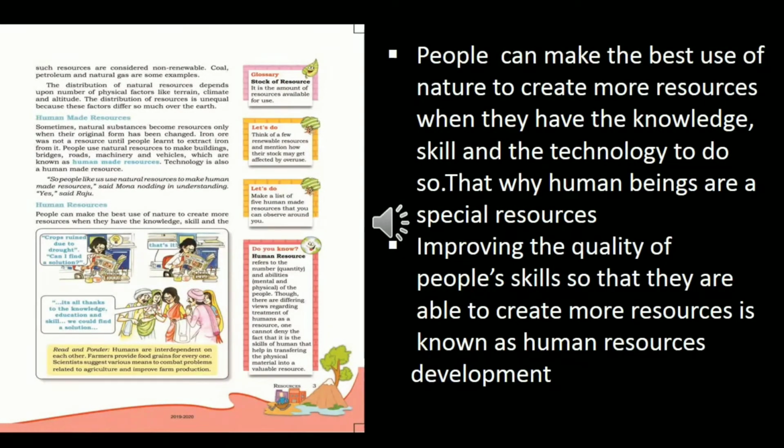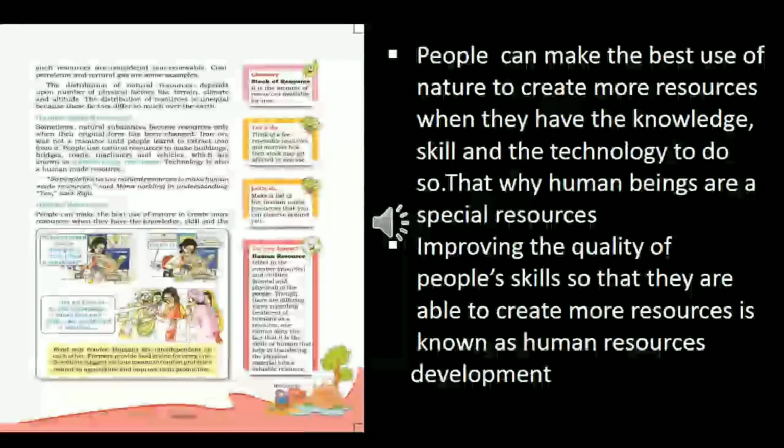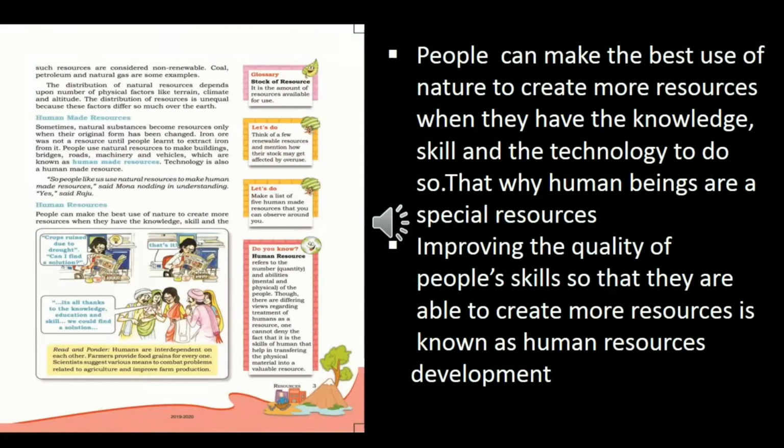Improving the quality of people's skills so that they are able to create more resources is known as human resource development. When we improve our skills, we become a very good human resource. Here is one example in your textbook: crops ruined due to drought, can we find a solution?